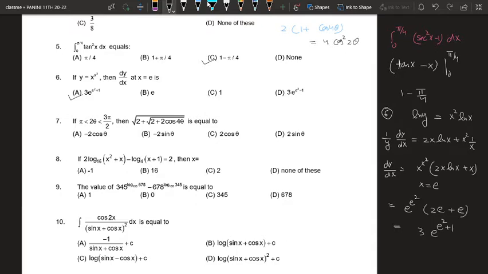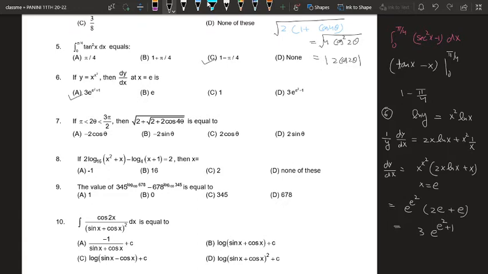Now under root of this quantity, this is mod of 2 cos 2 theta. Now 2 theta lies in which quadrant? Pi to 3 pi by 2. That means cos 2 theta in third quadrant, cos is negative.